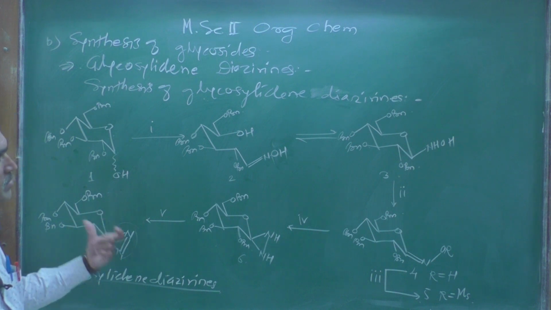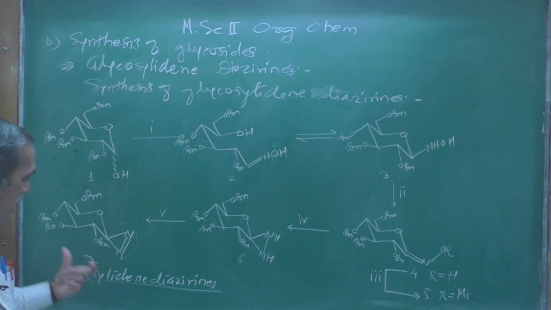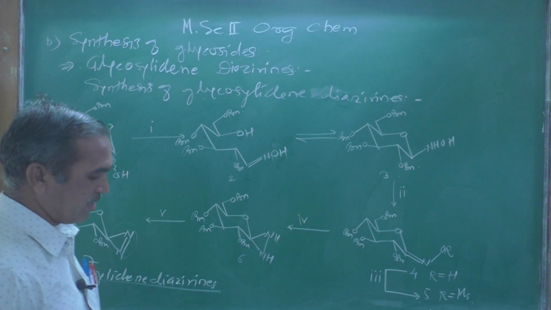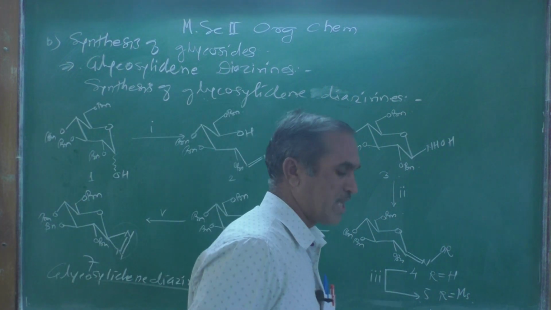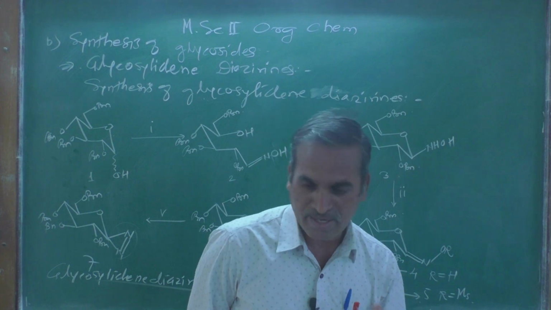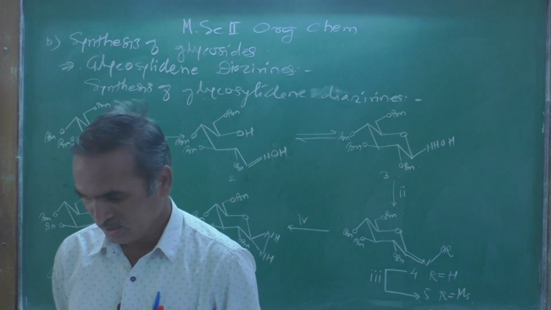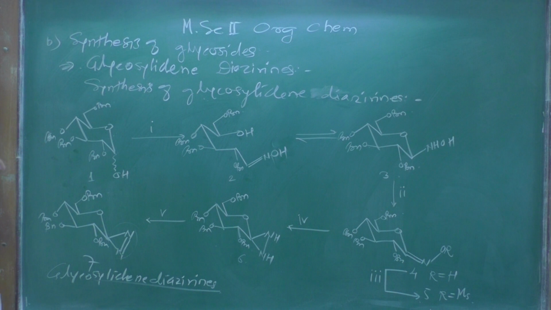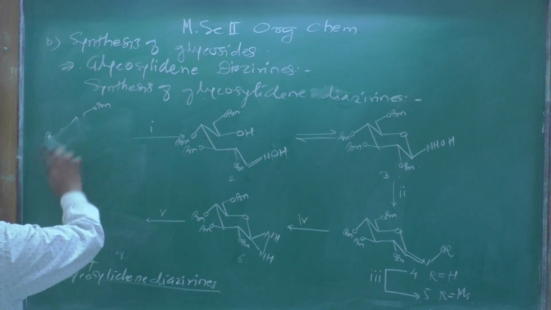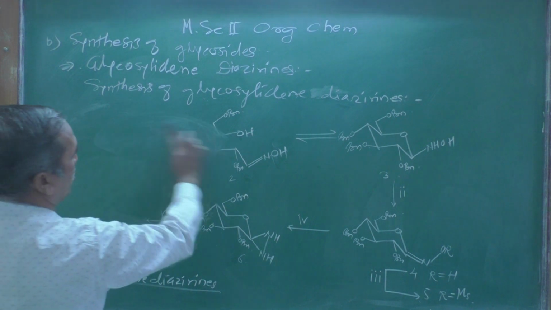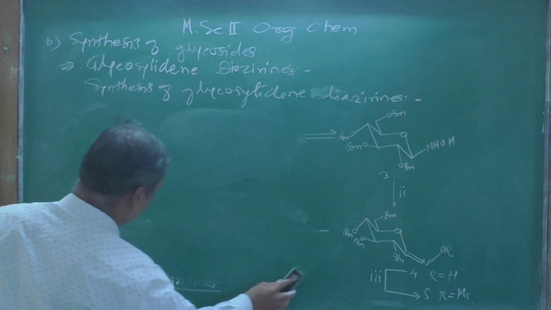That type of compound is called a glycosylidene diazirine, and this glycosylidene diazirine can act as a donor for the further preparation or synthesis of other compounds.